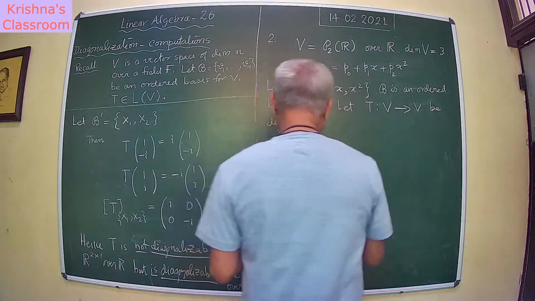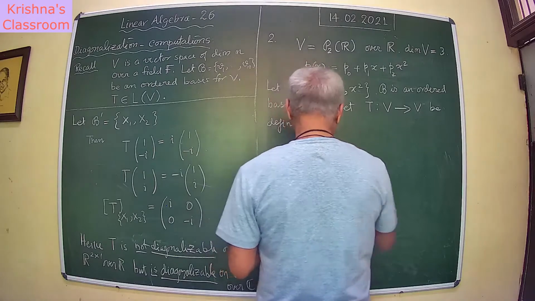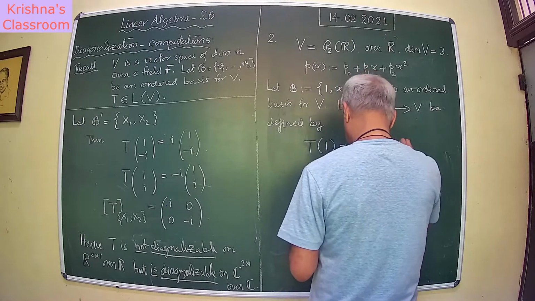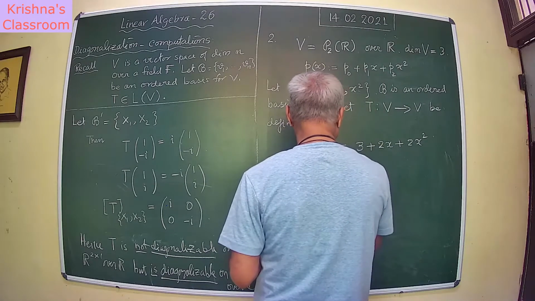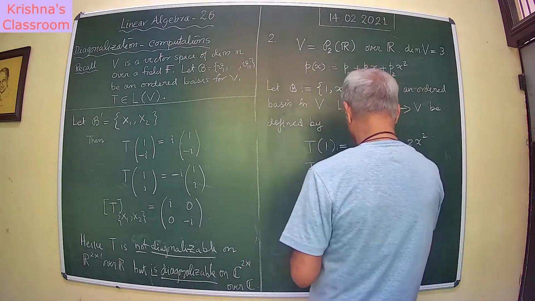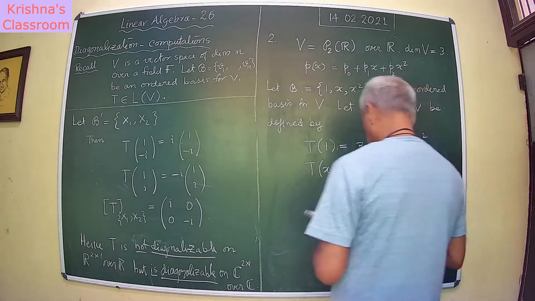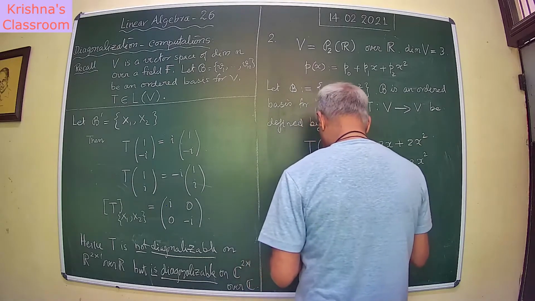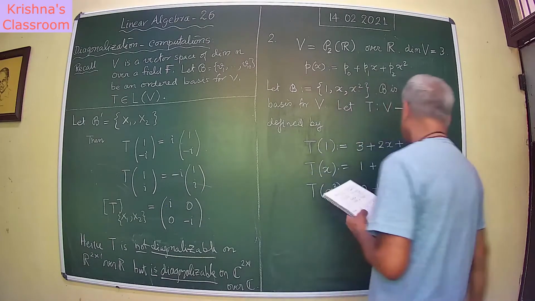So let us define that T of 1 equal to 1 plus 2x plus 2x squared and T of x equal to 2 plus 2x.